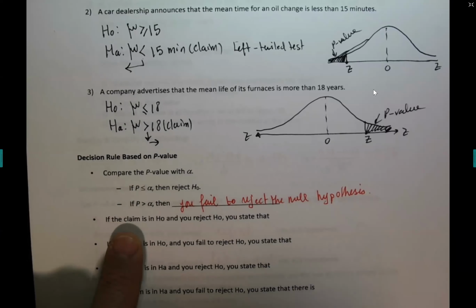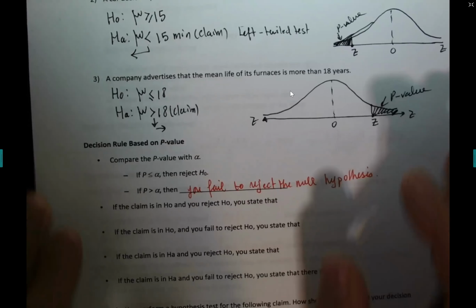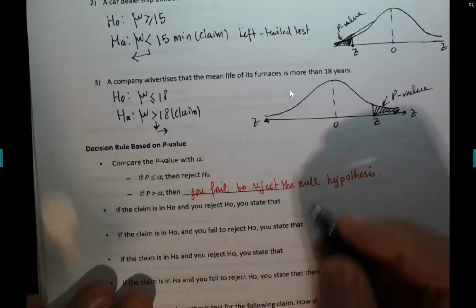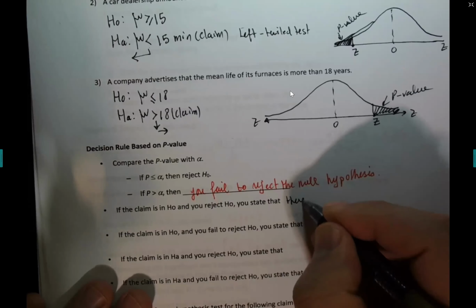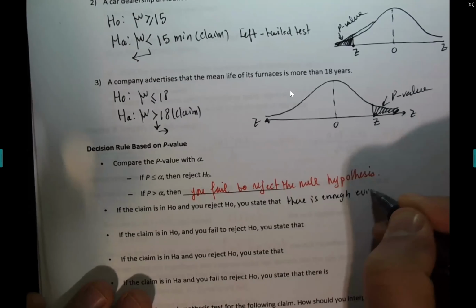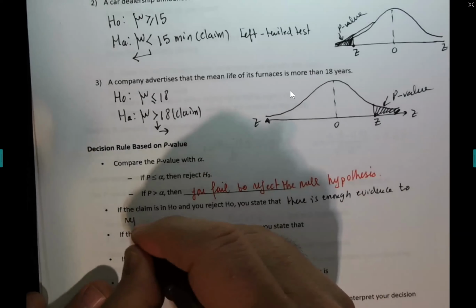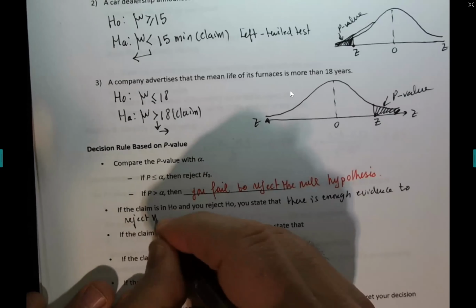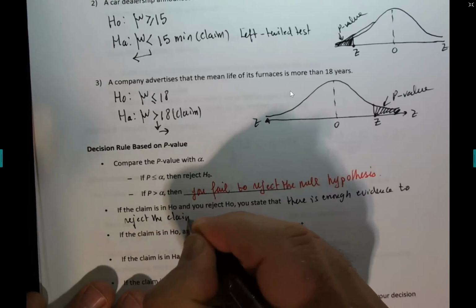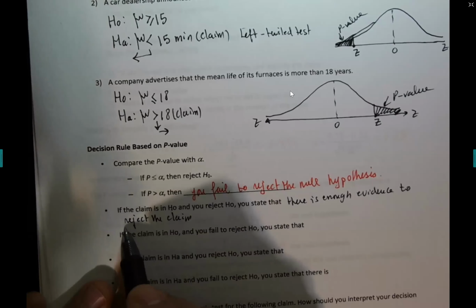If your claim is in H0, in the null hypothesis, and you reject H0, then you state that there is enough evidence to reject the claim. So when the claim, guys, is in the null hypothesis, you use the word reject.